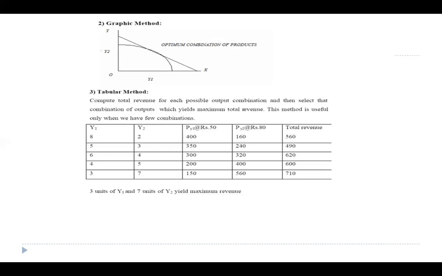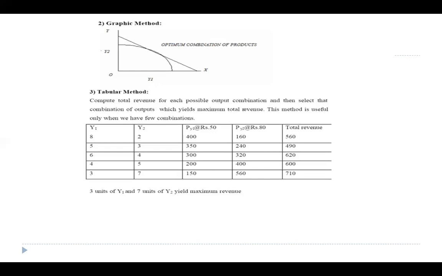Algebraic method. Here Y1 quantity is given and Y2 quantity is given. Now here price of Y1 output is 50 rupees and price of Y2 output is 80.